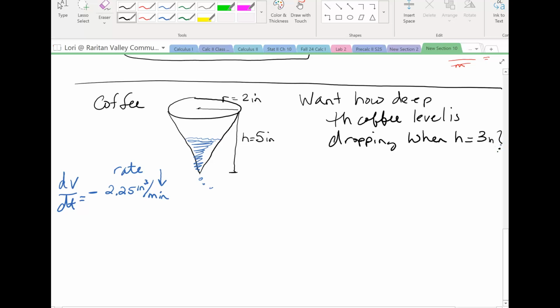How deep the coffee level is and H are the same thing.